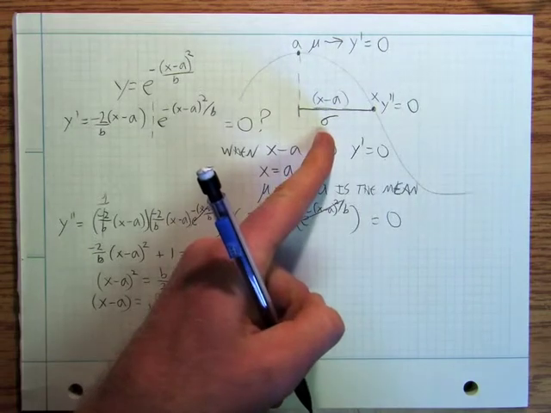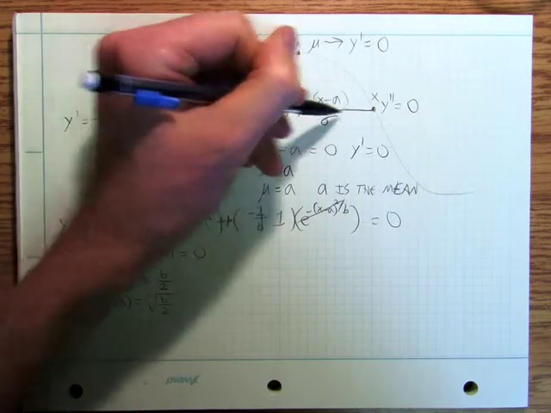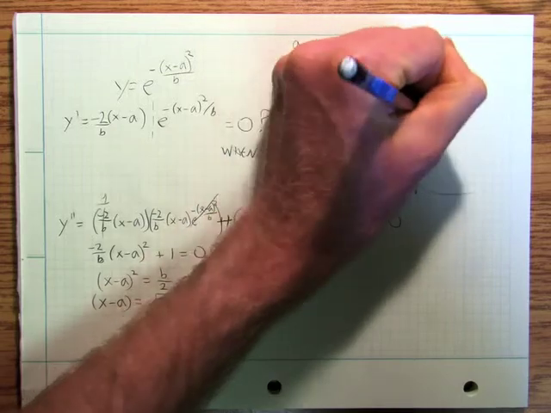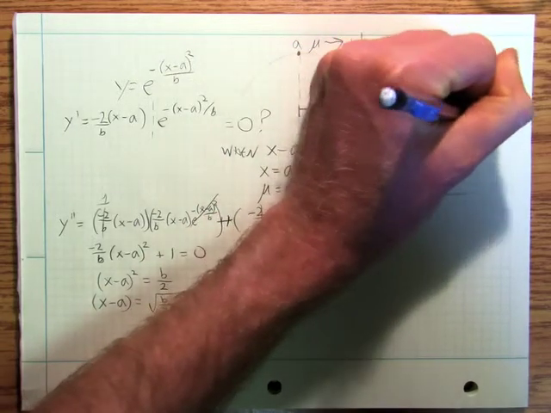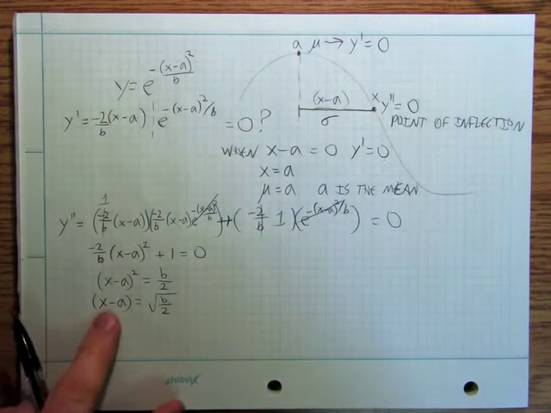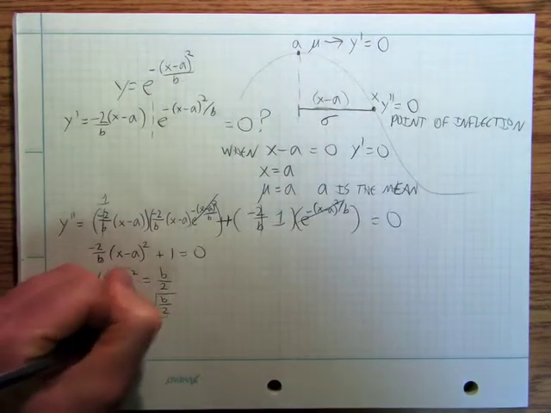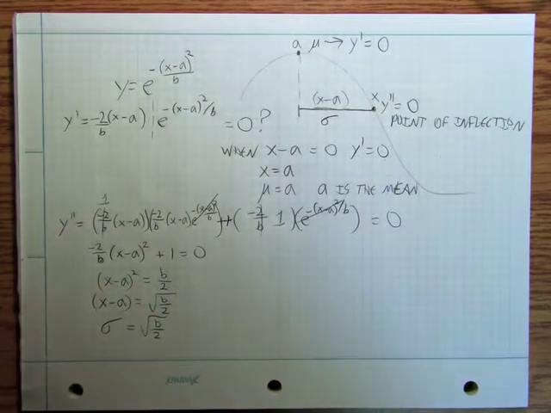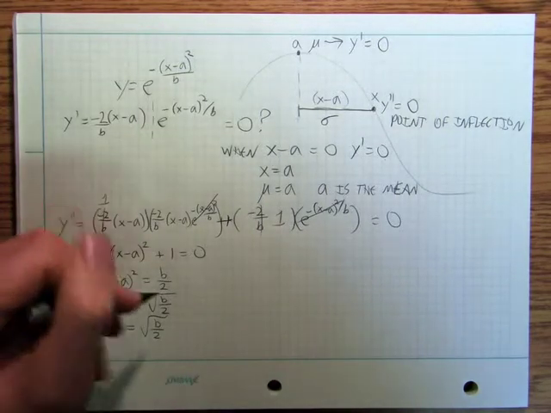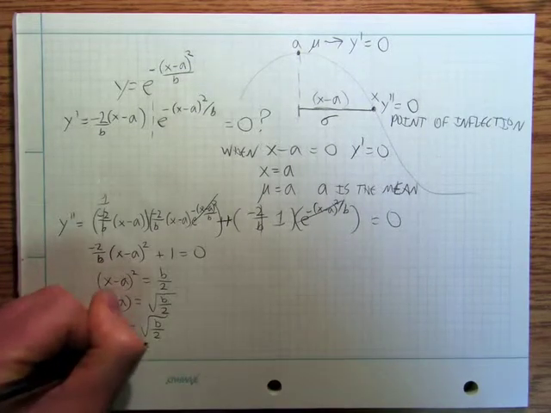So my standard deviation, from the mean out to the point of inflection, is going to be x minus a. So I'm going to say that my sigma is equal to the square root of b over 2, or I could switch that around and say that b is equal to 2 sigma squared.